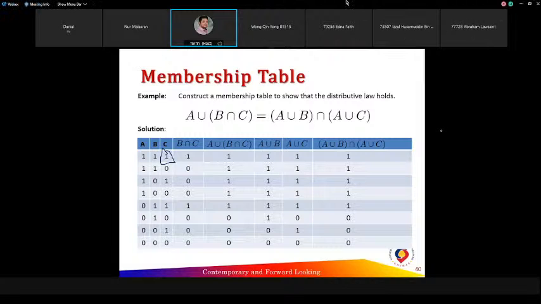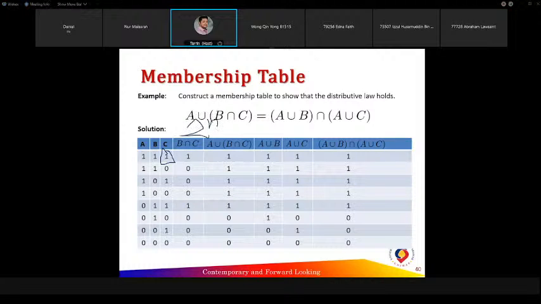All uppercase letters represent the set itself, and the elements are represented by lowercase. So we construct the table based on how many sets there are in the equation. In this case, there are three sets, A, B, C. Therefore, it is 2 to the power of 3. Well, this one we learn later on.